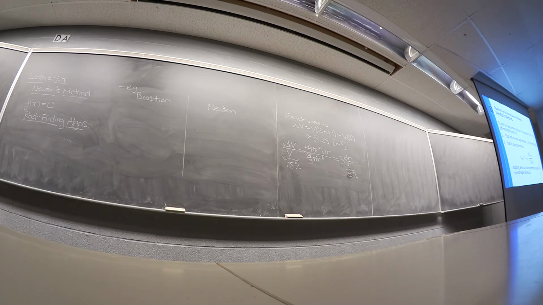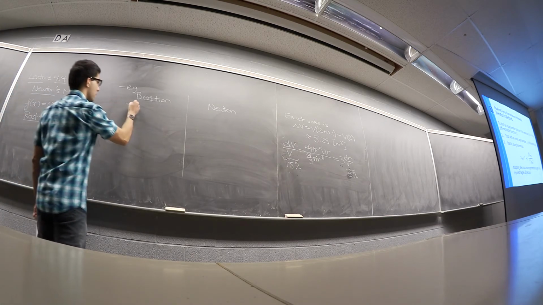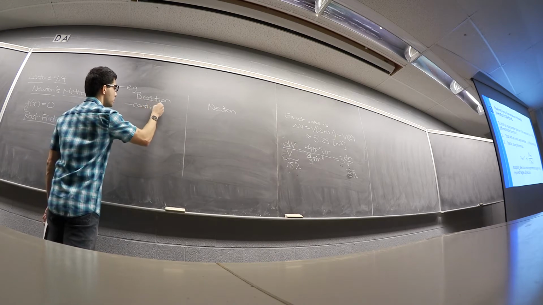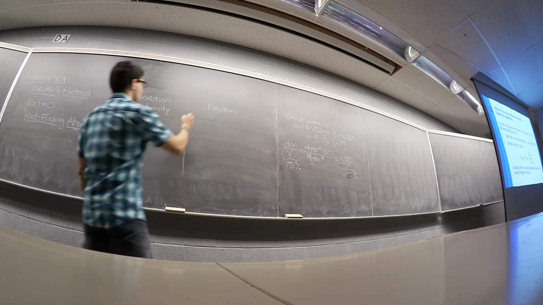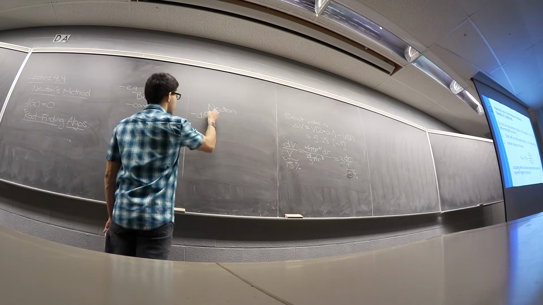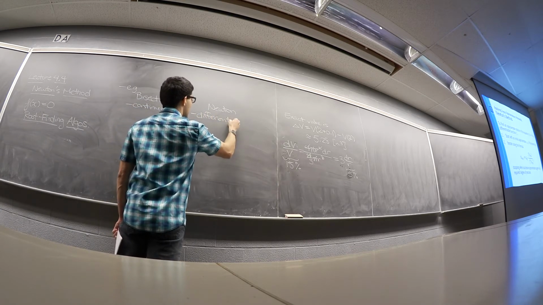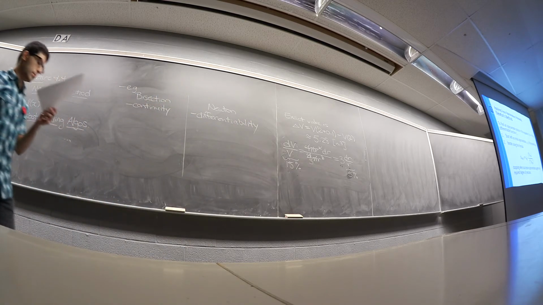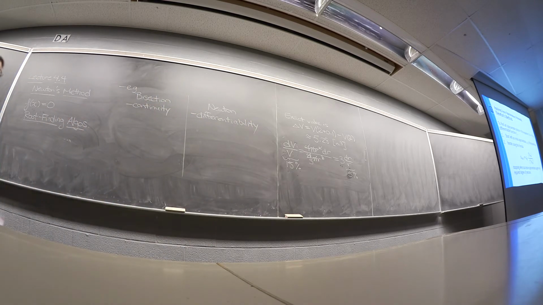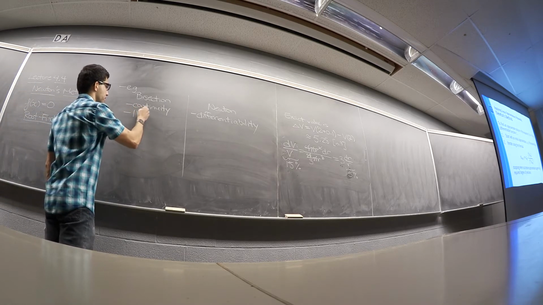What did we need for bisection to work? We needed continuity. Now we know about a special new thing. We're going to use differentiability. The bisection method relied on the intermediate value theorem.